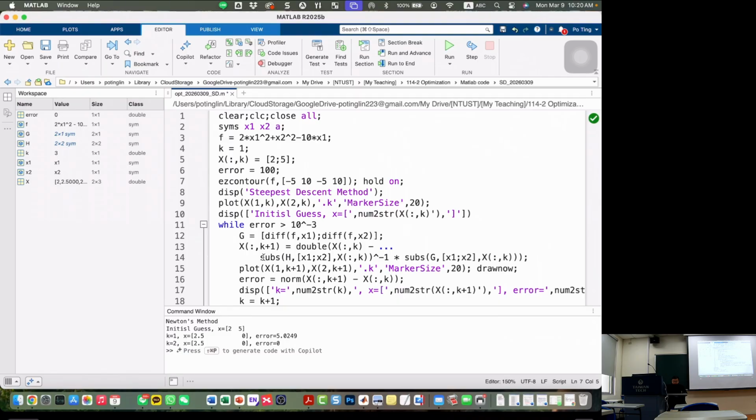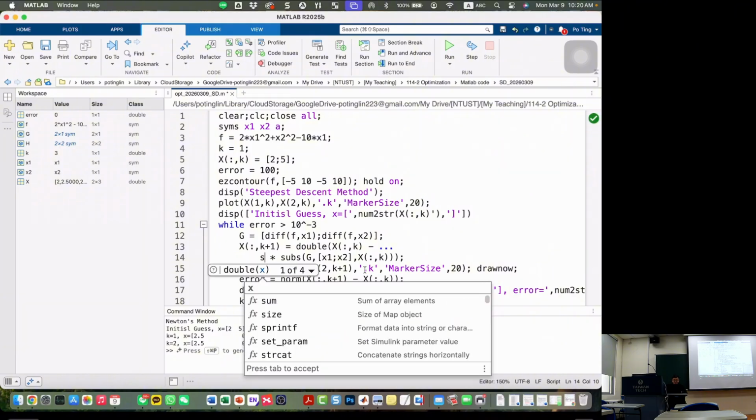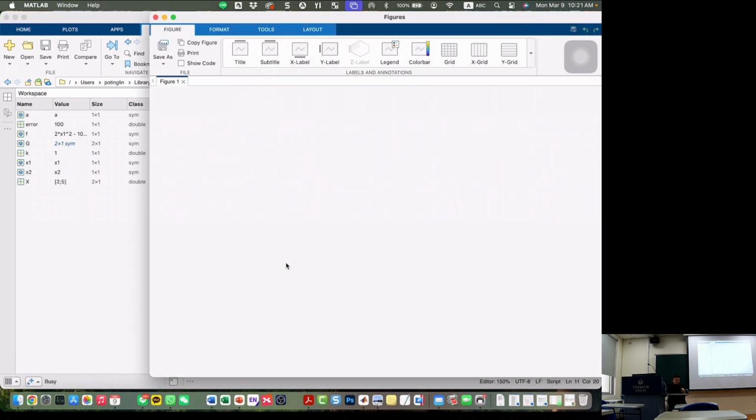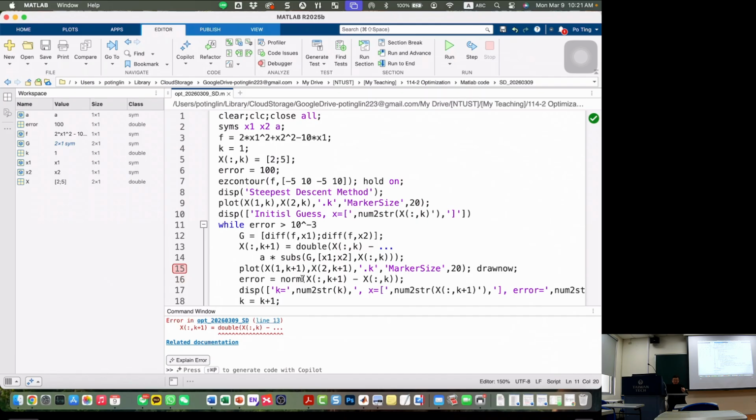So here basically is going to be my a. If I pause right here and run the code, you will see I cannot do this because this is symbolic. You cannot add and subtract right there.